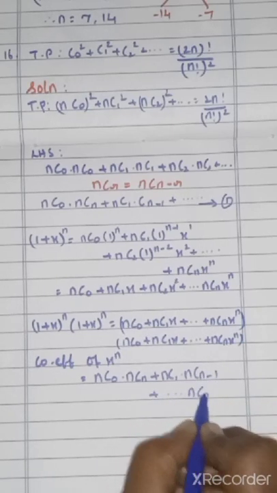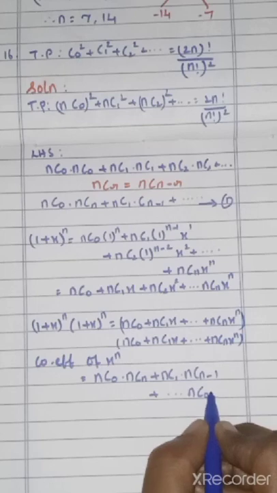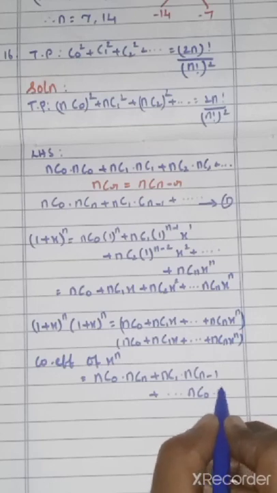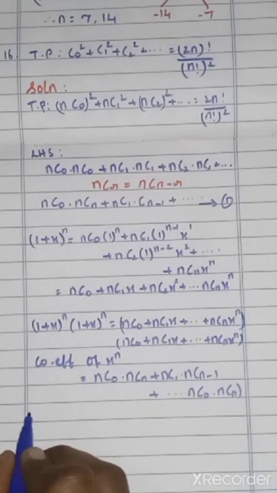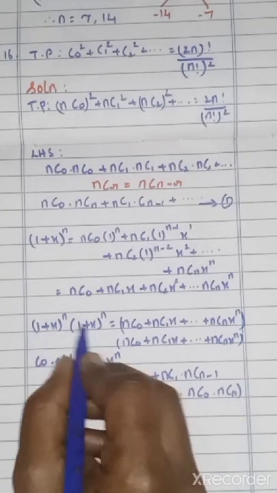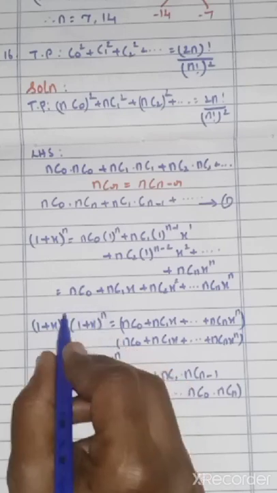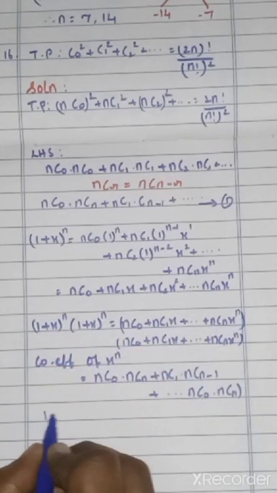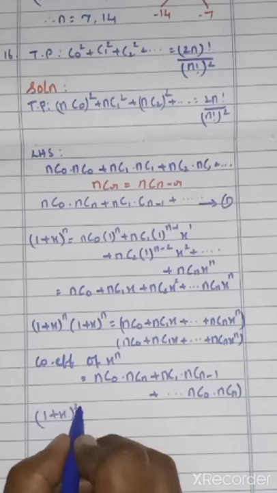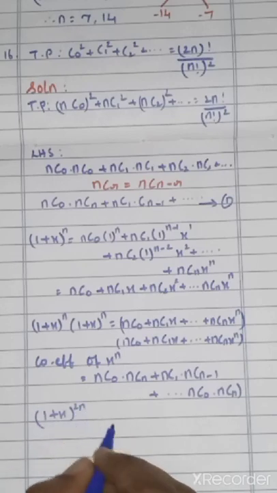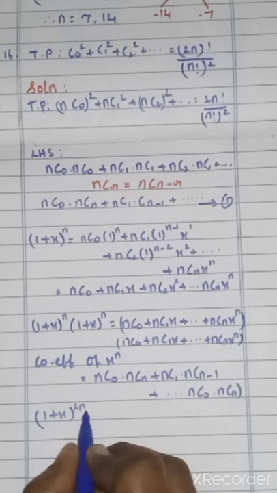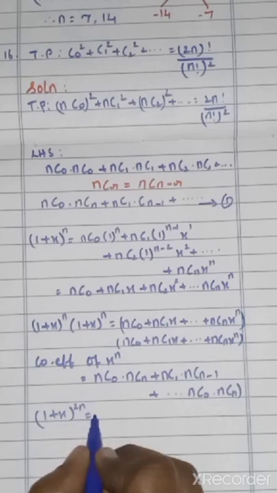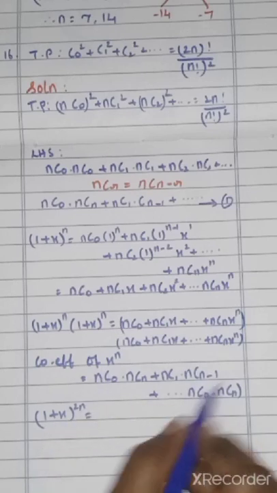Similarly, the last term will be nC0 into nCn. Okay, so this you will get as (1 plus x)(1 plus x). If the base is equal you can add the power. So this will become (1 plus x) power 2n, correct? (1 plus x) power 2n equals this term.